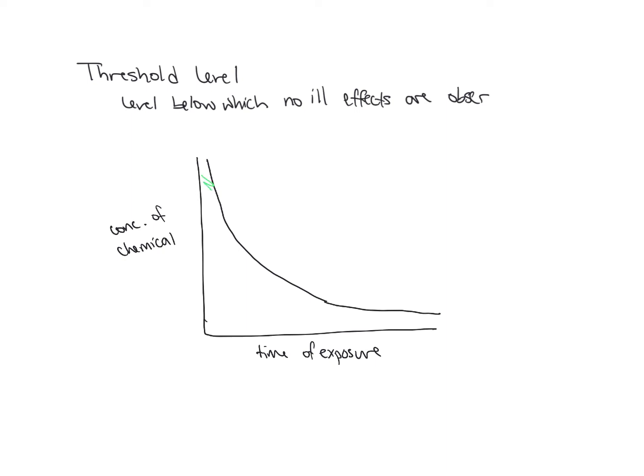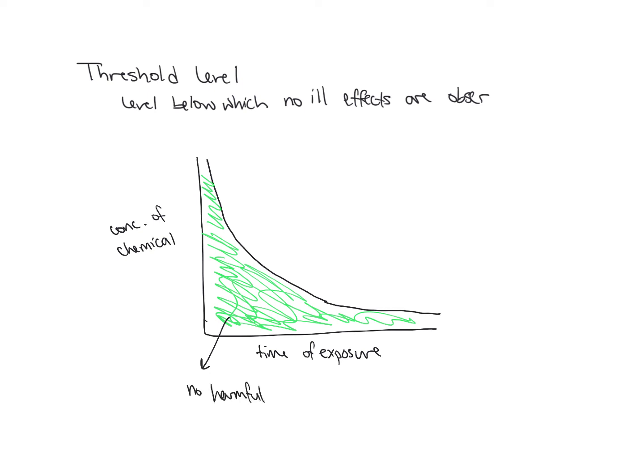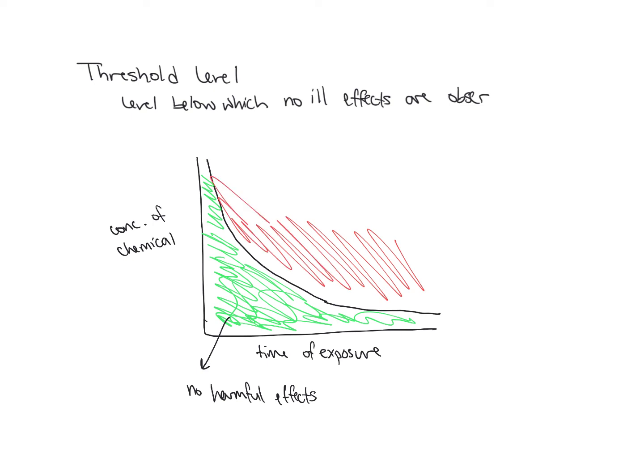where down here, right, green, so you get no harmful effects, right? No harmful effects. So that black line is your threshold level, right? And above it, now you have the harmful effects.